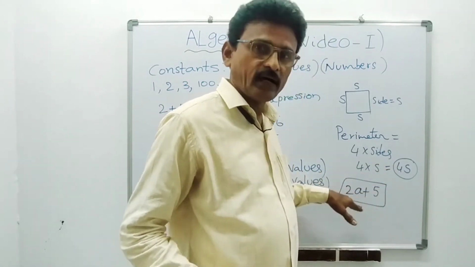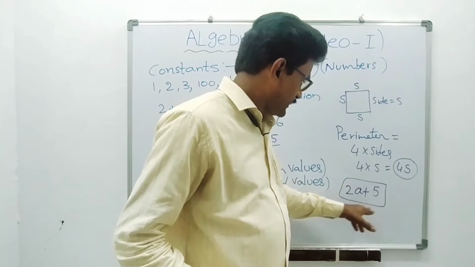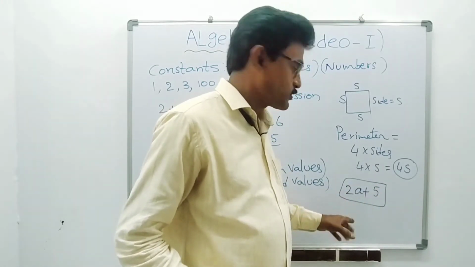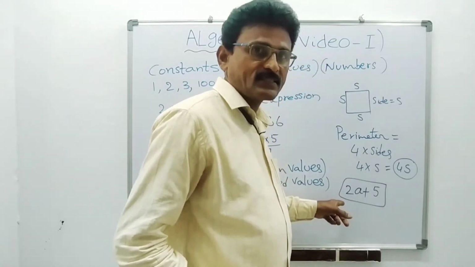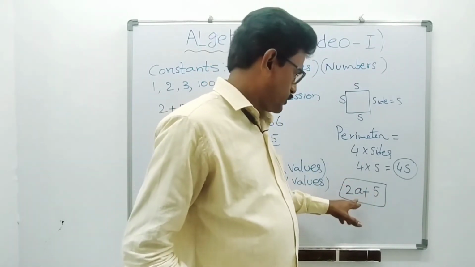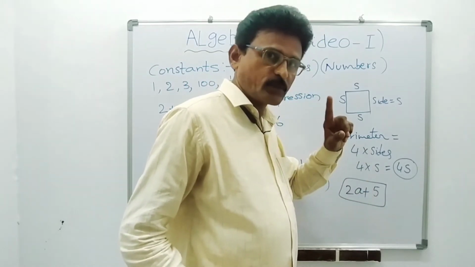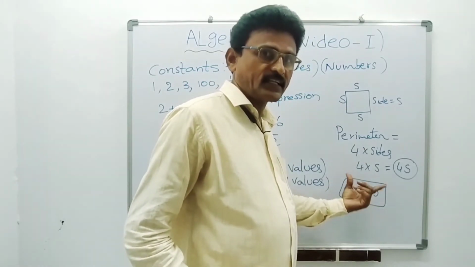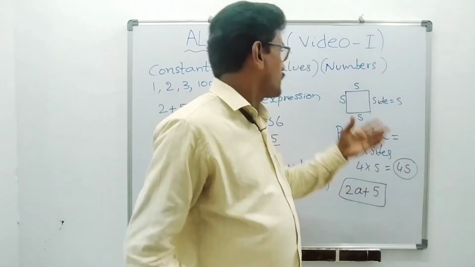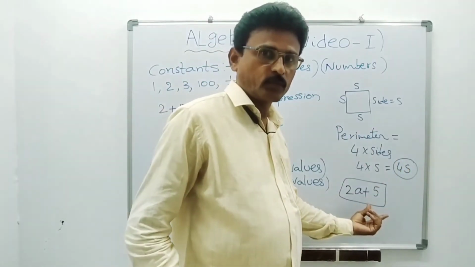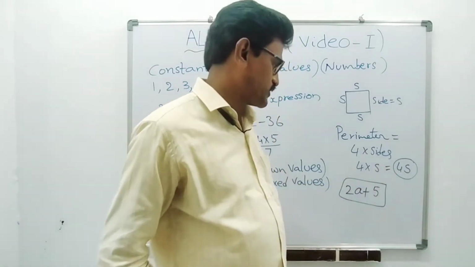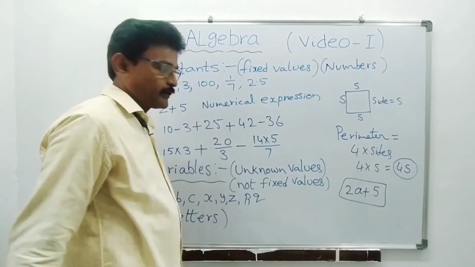We are using both here. 2a plus 5: totally 2 terms here because plus is there. We will say this one is a literal expression. Only numbers means numerical expression, but letters are there, that is said to be a literal expression. Literal expression is also said to be an algebraic expression. Only 2 terms are there.